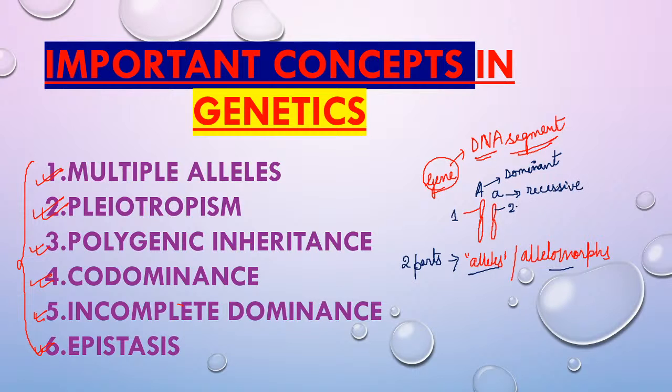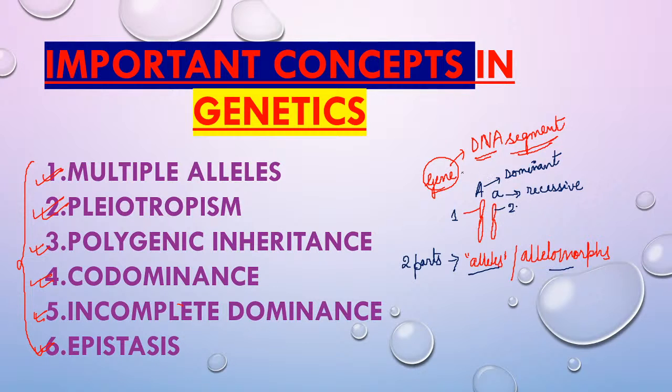Now, when in a heterozygote the dominant and recessive relationship is not followed, these types of Mendelian deviation account for multiple allelism, pleiotropism, polygenic inheritance, codominance, incomplete dominance, and epistasis.